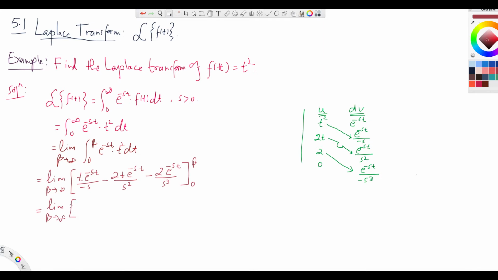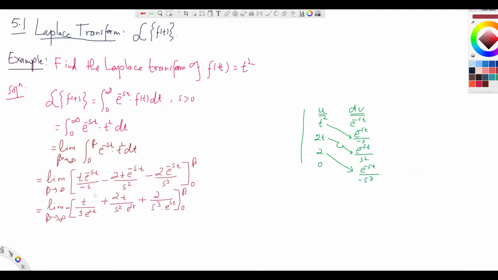Now let us simplify the limit as beta tends to infinity. Let me write the minus sign outside: t over s times e to the st, plus 2t over s squared times e to the st, plus 2 over s cubed times e to the st, and again from 0 to beta.